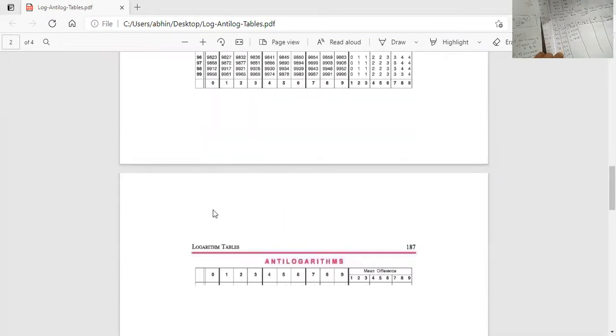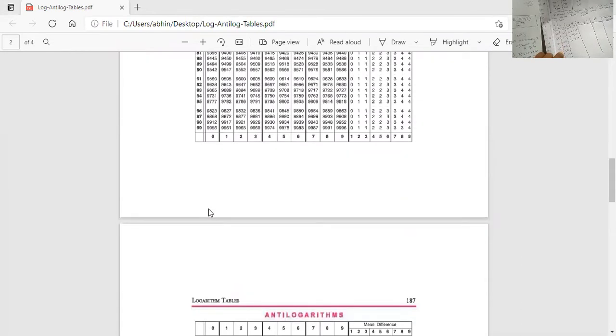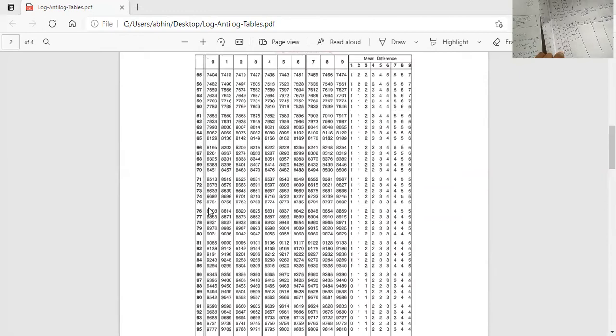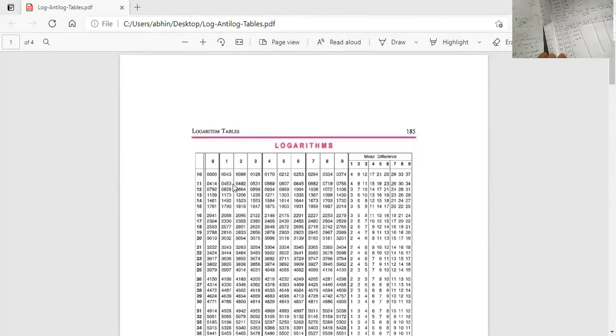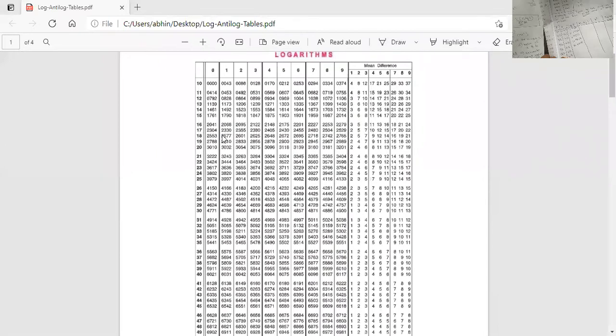Then for 110, the first 11, so three characters, therefore 2.0414. Then for 185, the 18th row, fifth column, 2672, so 2.2672.